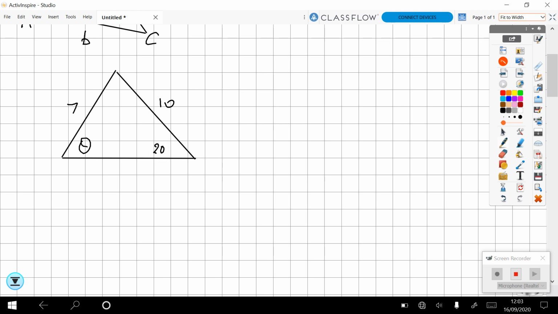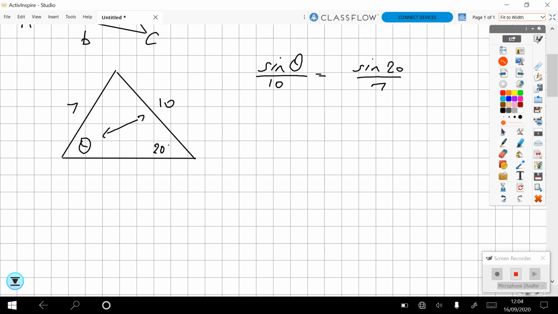Okay, now it's all about angles and their opposite sides. So I'm going to write down that sine of theta over 10 equals sine of 20 over 7.